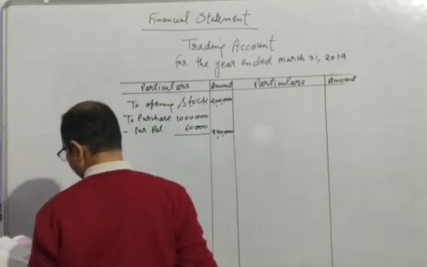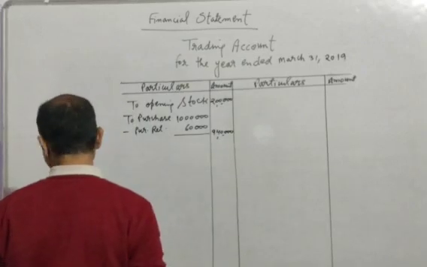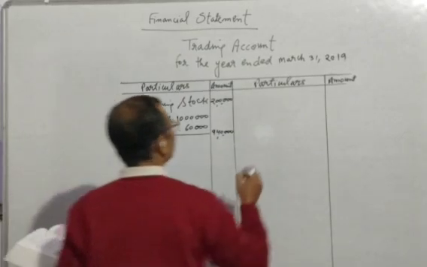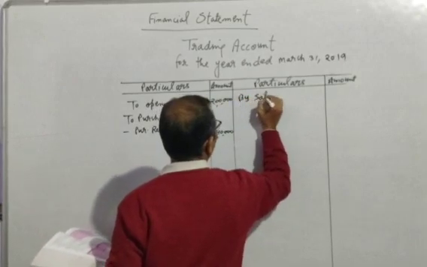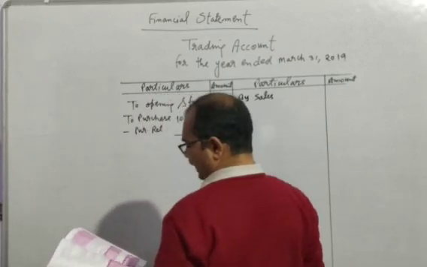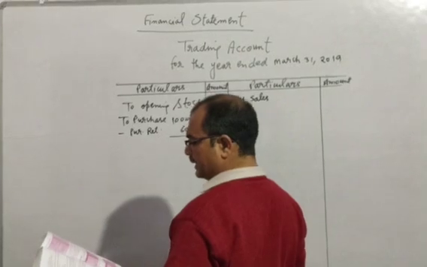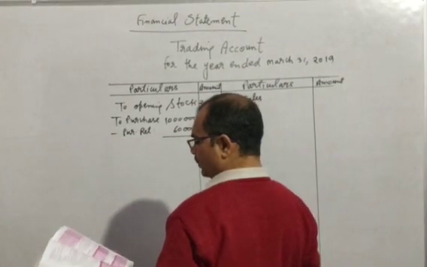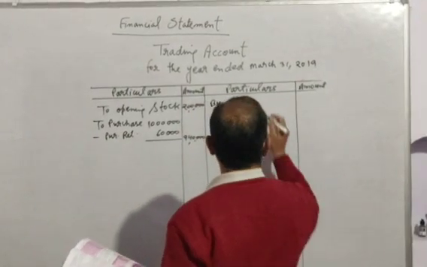After writing this, we will see the next item. Next item given is sales, 25 lakh. Where will sales come? Sales will come on the credit side. So we will write sales, and before writing the amount we will see whether sales return is given or not. Yes, sales return is given in your question, which is 1 lakh, and sales is 25 lakh.